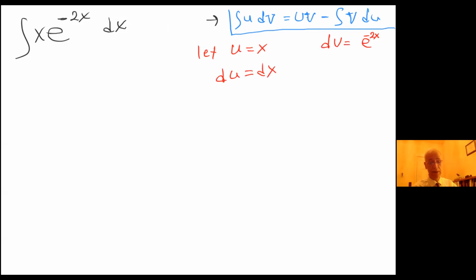Well, if dv equals e to the minus 2x, and if I take integral of both sides of that, I get integral of dv is just simply v. Integral of e to the minus 2x is e to the minus 2x. Using chain rule in reverse, I'm going to have to divide by -2, so I get -1/2 in here.